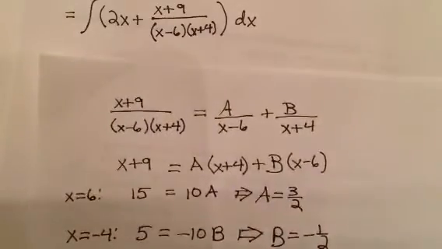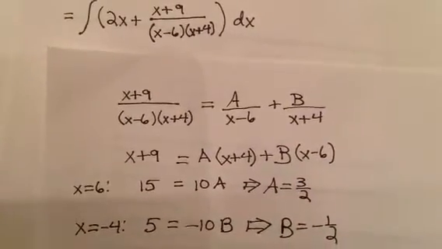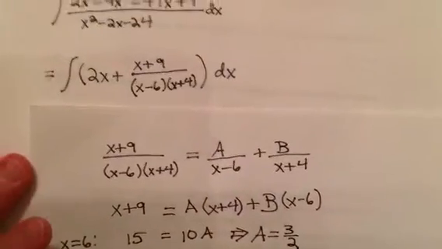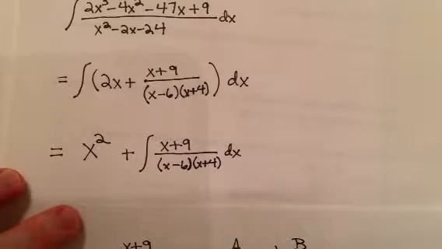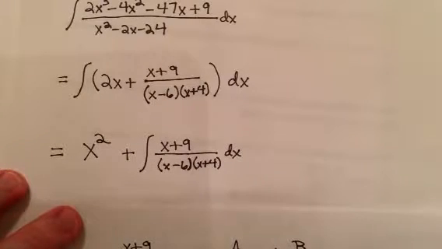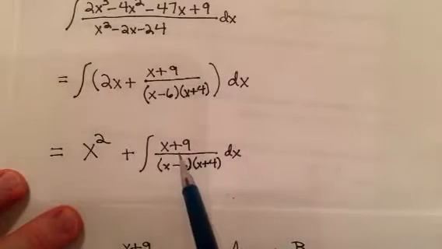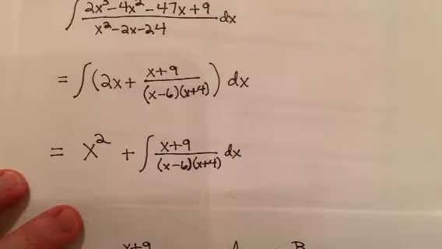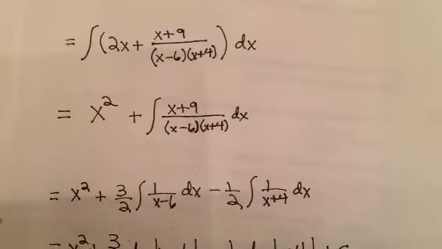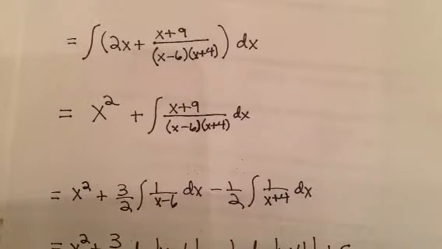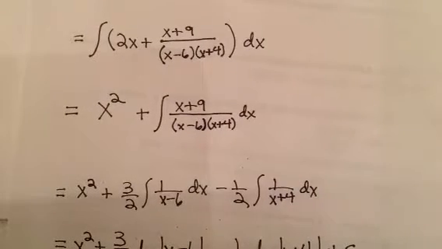From 2x, the antiderivative is x squared, and after taking the partial fraction decomposition, we can expand this as x squared plus 3 halves times the integral of the reciprocal of x minus 6 dx minus 1/2 of the integral of the reciprocal of x plus 4 dx.